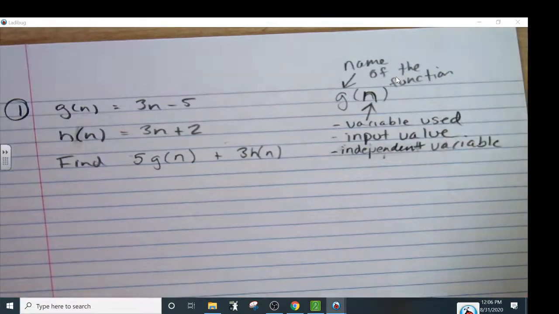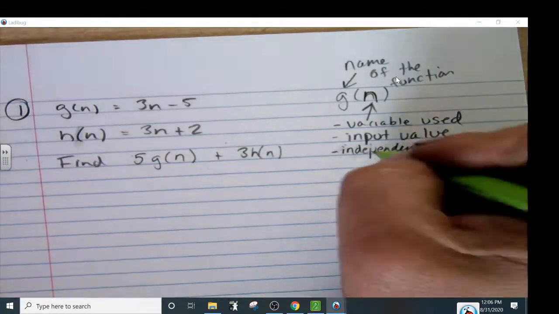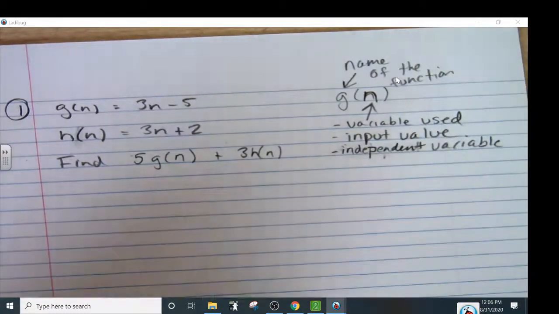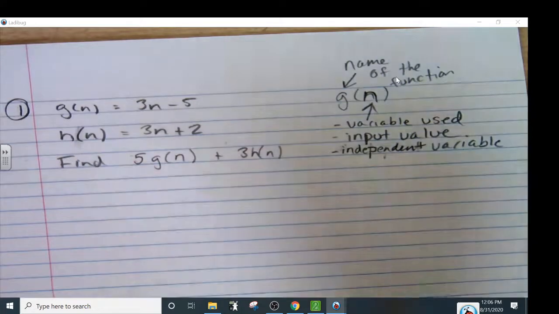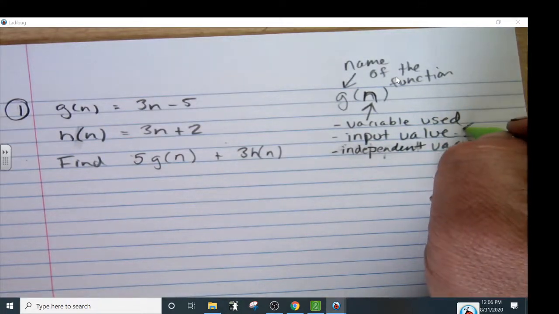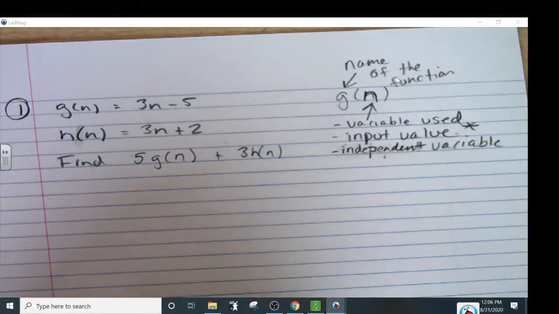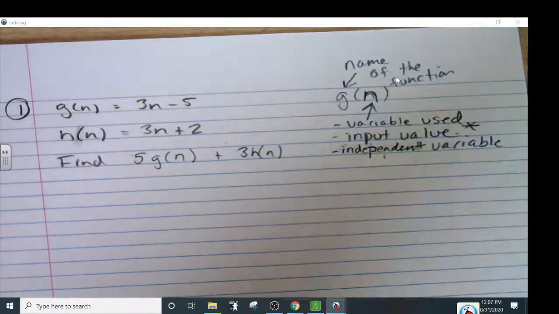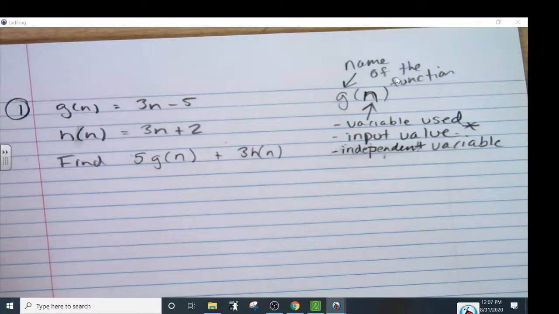All right, so we have the name of the function, and we know what the variable in parentheses is. The main thing to remember with function notation, guys, is that it is an input value. They may give you something to input in the parentheses, and you have to put it in the function.